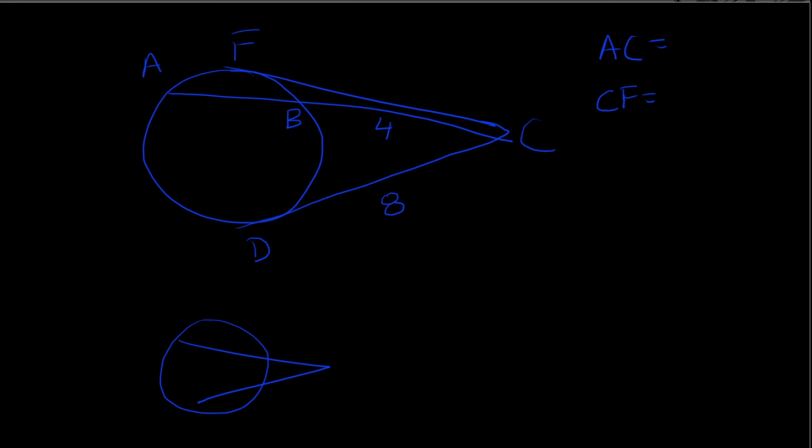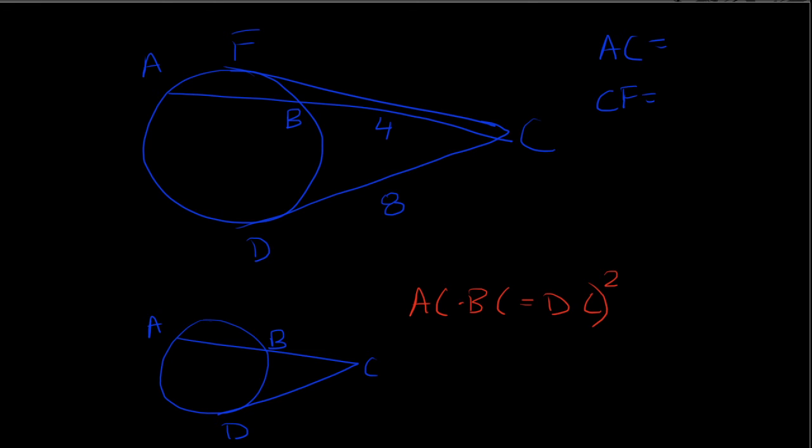Whenever you have a secant and a tangent, the formula is going to be the whole thing, AC times BC, that is going to equal DC squared. So it's this whole thing times this thing equals this thing squared. So you're always going to square the tangent one.